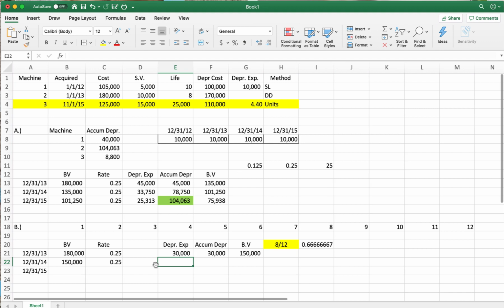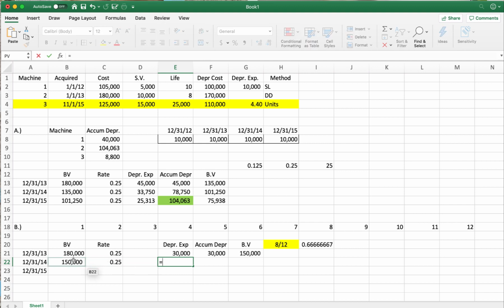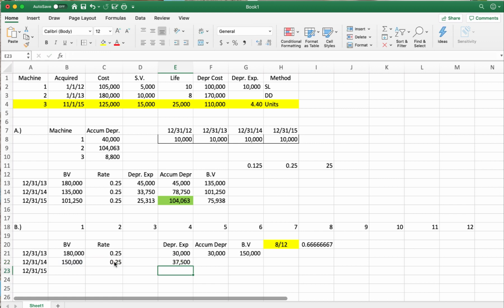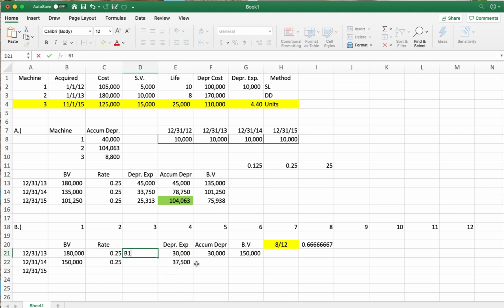What's my depreciation expense for 2014? That's easy. I take the 150,000, multiply it by 0.25, and I get $37,500 worth of depreciation expense. These are our answers for part B. This is B1, and this is B2.